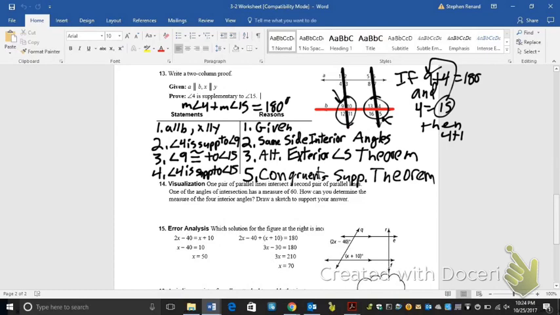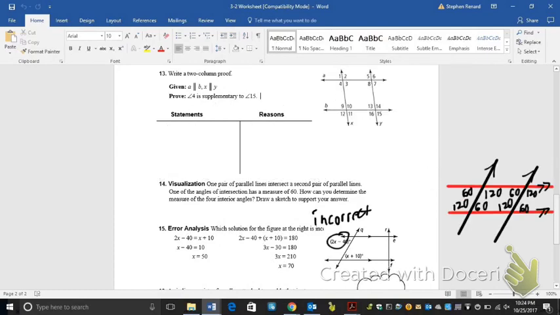So, now what we're going to do is we're going to look at 14. So 14's out there in the margins. When we have 2 sets of parallel lines, what we're looking for is to kind of match up those 4 pairs of interior angles.